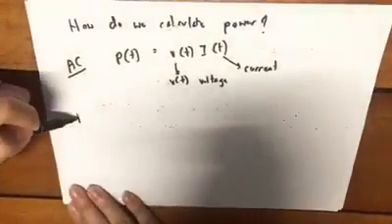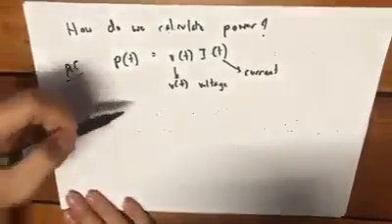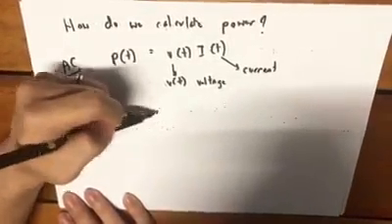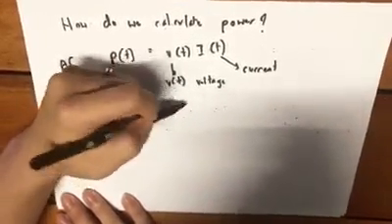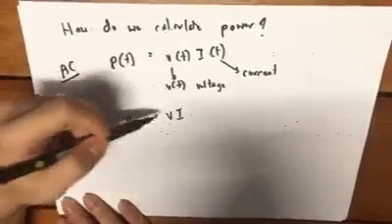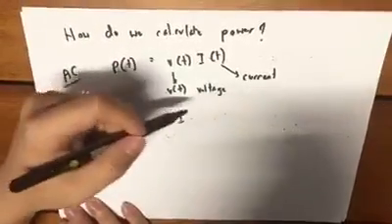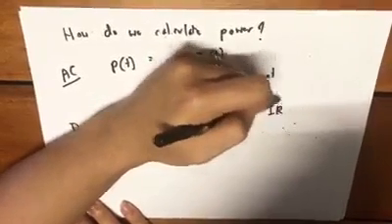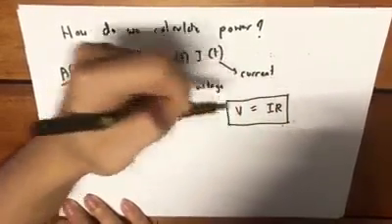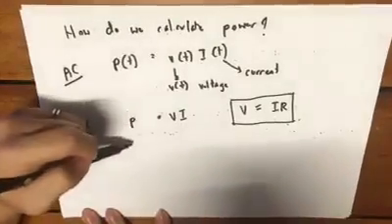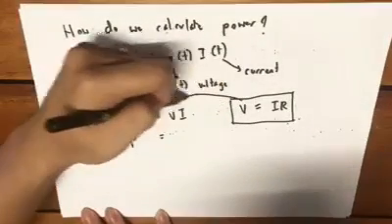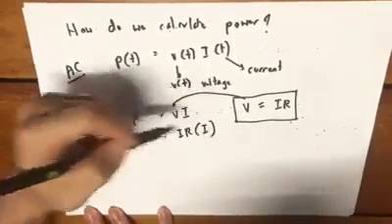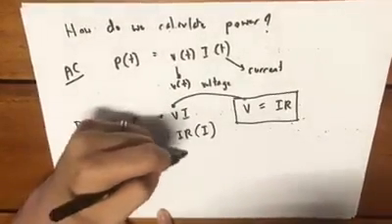And in DC, it's going to be quite easy. P is going to equal V times I, and here we can use Ohm's law, right? Since Ohm's law indicates that V equals IR, we can just plug in V here. So it's going to be IR times I, or simply I squared R.